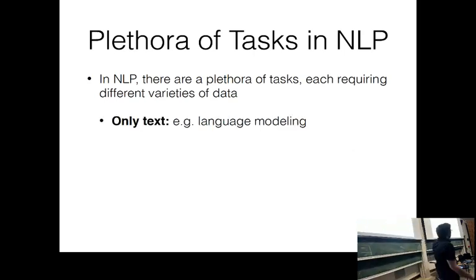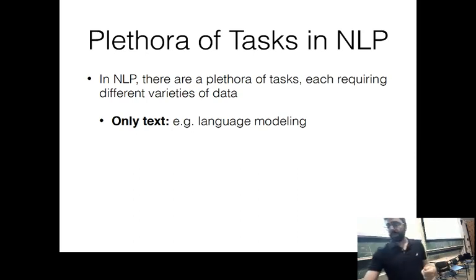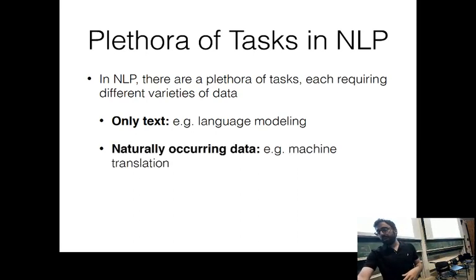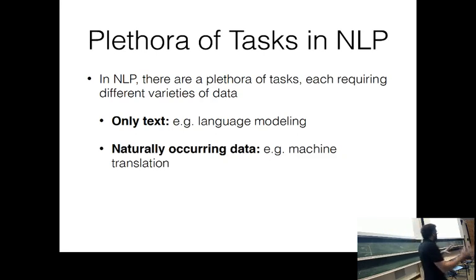And all the different tasks that we have talked about throughout this class require different varieties of data. In one case, you might only have naturally occurring text, and you might be training with tasks that do not require any other labels. Like when you do language modeling, all you do is use the text to try to predict the next word, and you don't need any additional labels. You can also use other naturally occurring data as labels.